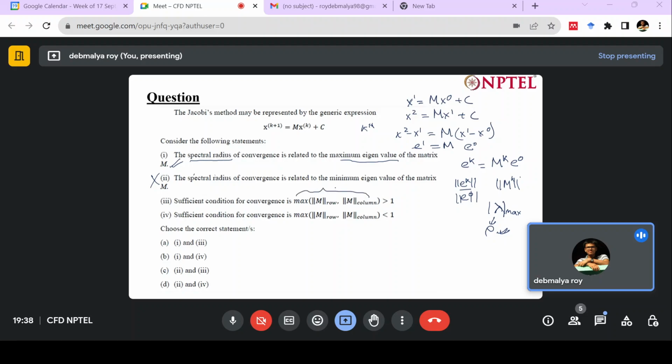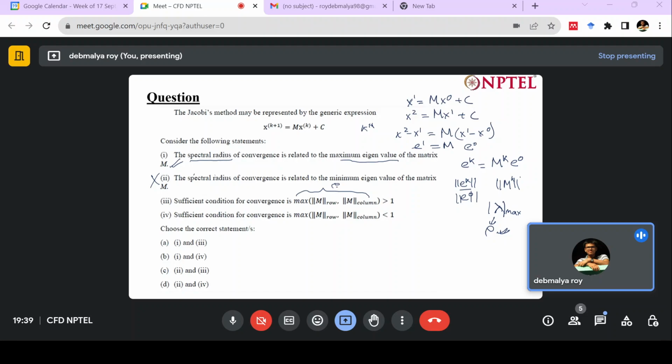This is nothing but a measure of the spectral radius. So this is an approximate measure of the spectral radius. If you calculate the maximum magnitude of an eigenvalue, that is the absolute definition of the spectral radius. However, as an approximation, we many times use this. So this row norm and column norm are nothing but the infinity and one norm respectively.